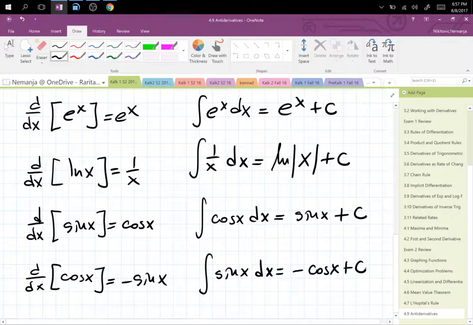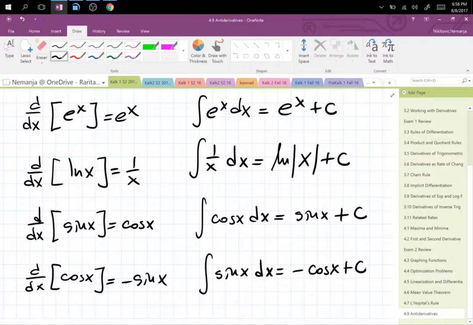Do you guys see what's happening here? We are just working the derivative chart backwards. I'm trying to find a summary for this. They have one for trig.